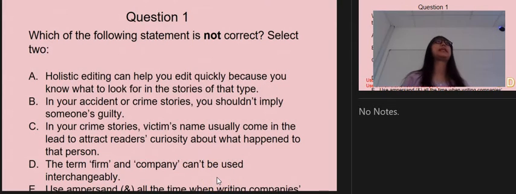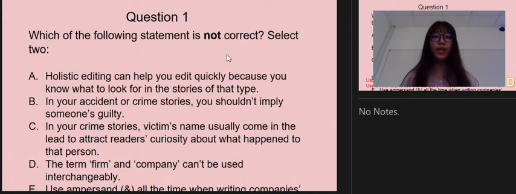Which of the following statements is not correct? Select 2. A. Holistic editing can help you edit quickly because you know what to look for in the stories of that type. B. In your accident or crime stories, you shouldn't imply someone's guilty. C. In your crime stories, victims' names usually come in the lead to attract readers' curiosity about what happened to that person.